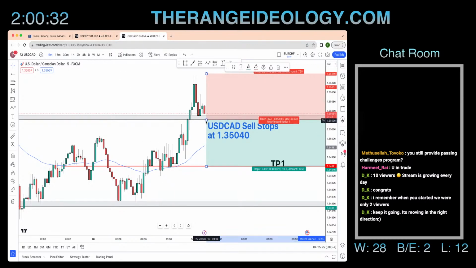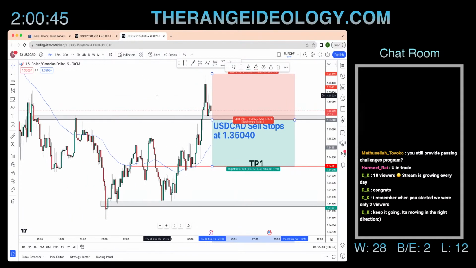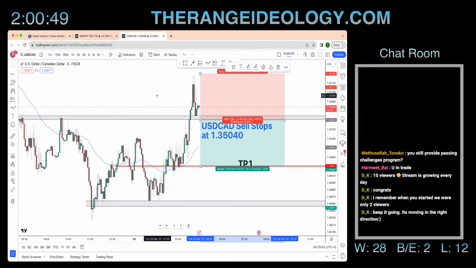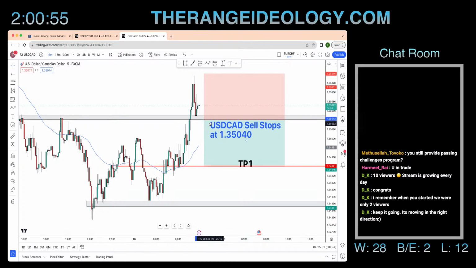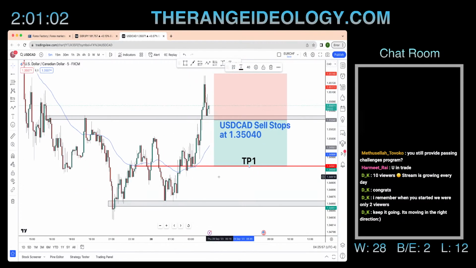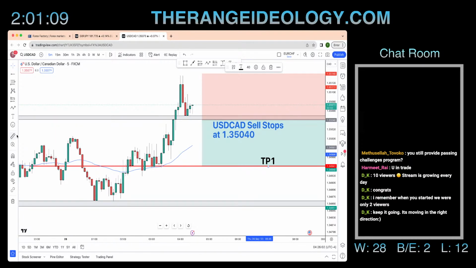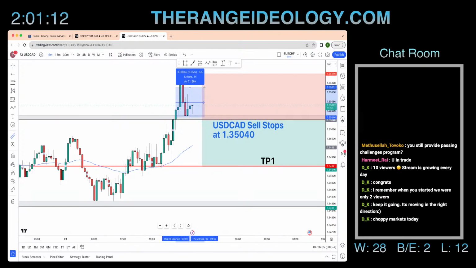Okay, here it comes. Very close here again. All right, so it is consolidating in this zone now right here. So we're looking for the breakout of this consolidation zone to the downside.